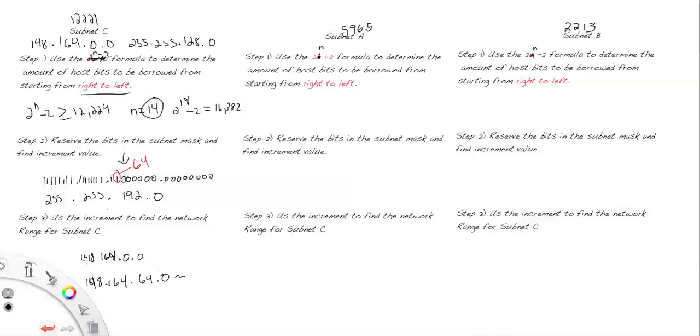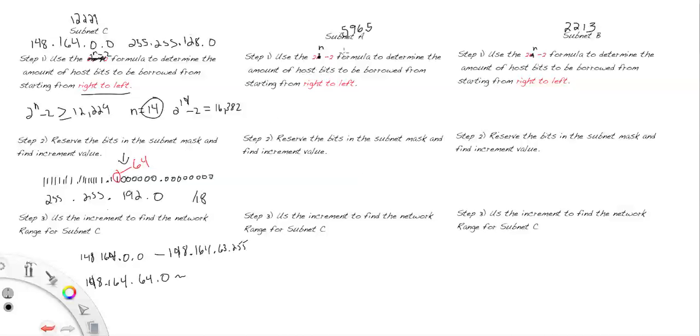So this is going to be 148.164.0.0, and this range will go all the way to 148.164.63.255. Okay, and this subnet mask can be written as a /18 subnet mask.